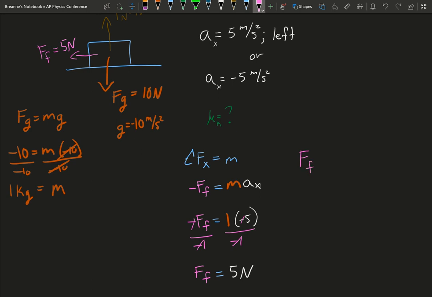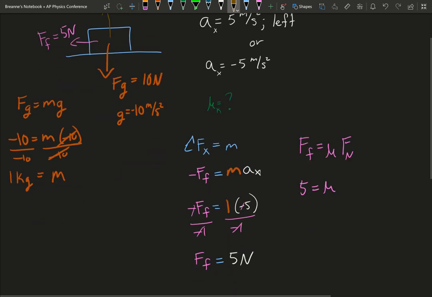we know our force of friction has a special equation: force of friction is mu times normal force. So our force of friction is 5, we're looking for our mu, and our normal force is 10.